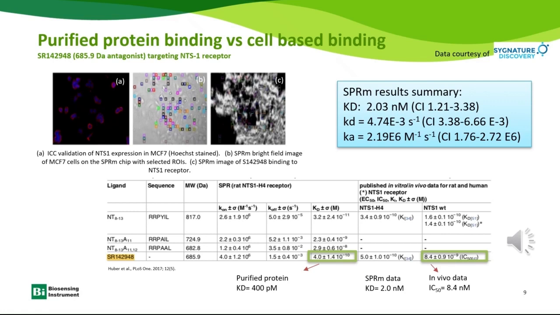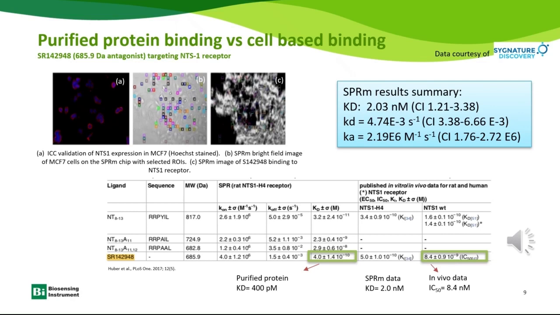This work was done by Dr. Huber from Roche in Basel, Switzerland. Dr. Huber purified the protein and immobilized it on a sensor, and using traditional SPR she measured the affinity between this compound and the ATS1 receptor to be about 400 picomolar.